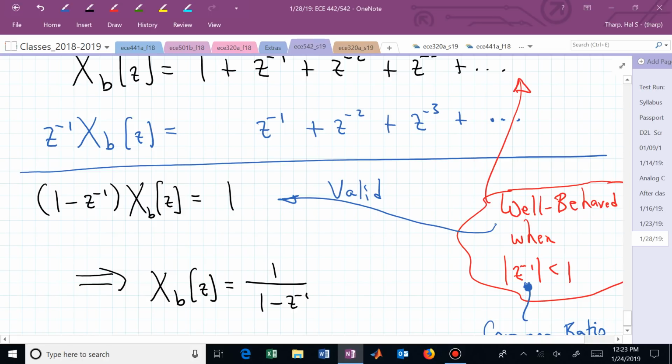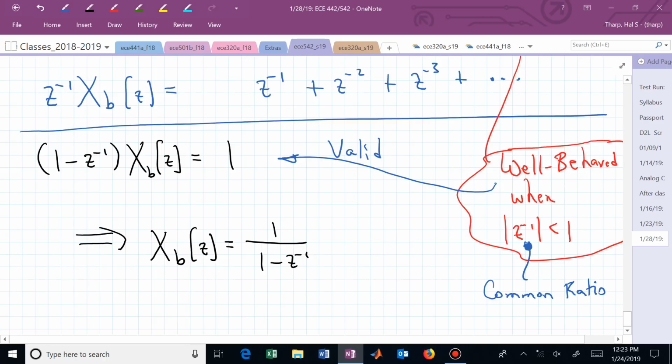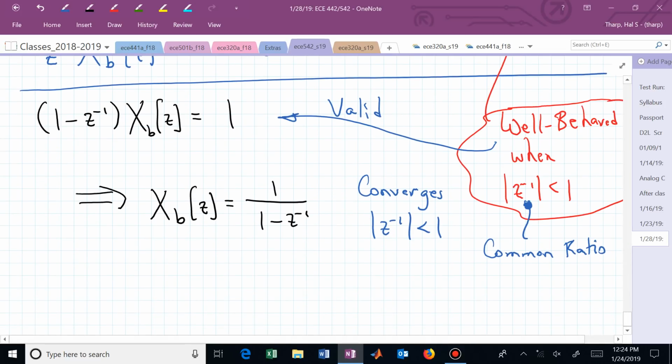If it's well behaved, that means this infinite series actually converges, so we could say that capital X sub b of z as an expression converges when the magnitude of z to the minus 1 is less than 1. So you'll see people talk about this in different ways, but now we know that this expression is valid as long as z to the minus 1 has a magnitude less than 1.